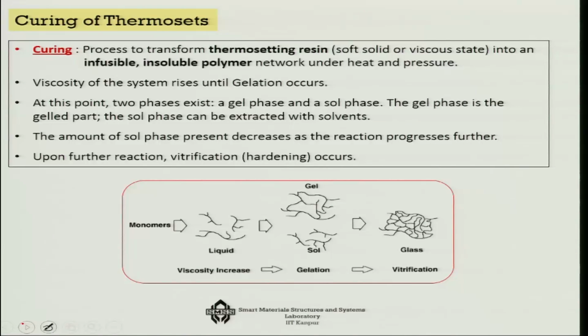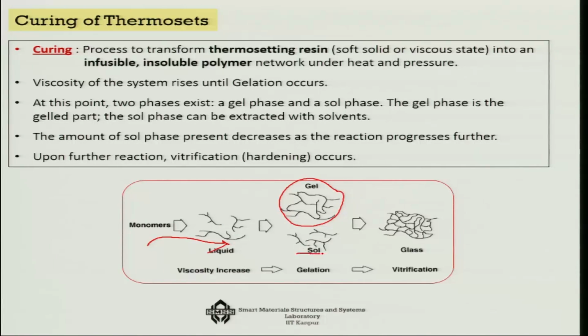Now thermosets, that means it has to undergo a particular process called curing in order to get set. So the process, from a monomer stage, first you are starting the process. In the liquid stage itself, the branching is occurring and then the gel is forming.